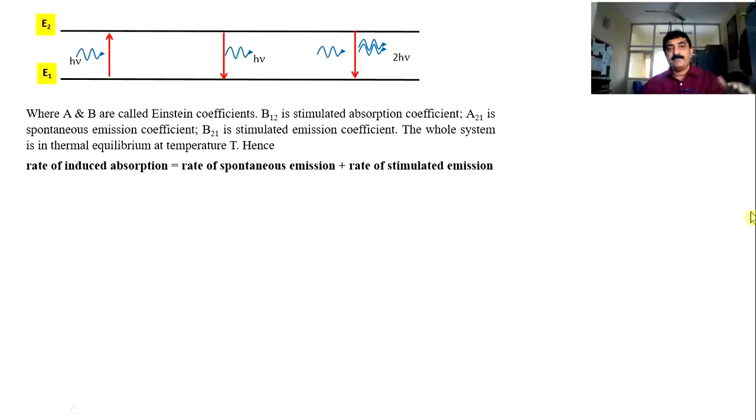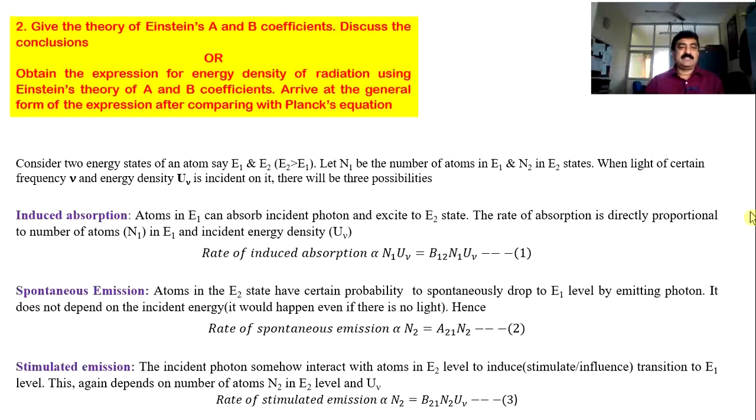So absorption depends on the energy, stimulated emission depends on the energy, and all three depend on the corresponding numbers. Absorption depends on ground state number, emission depends on excited state numbers. Is that clear? Now with this explanation I go back to previous slide.